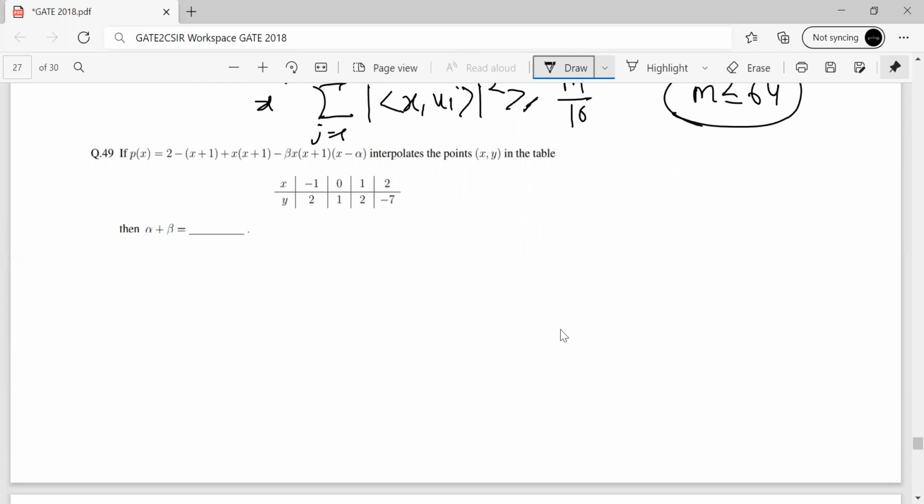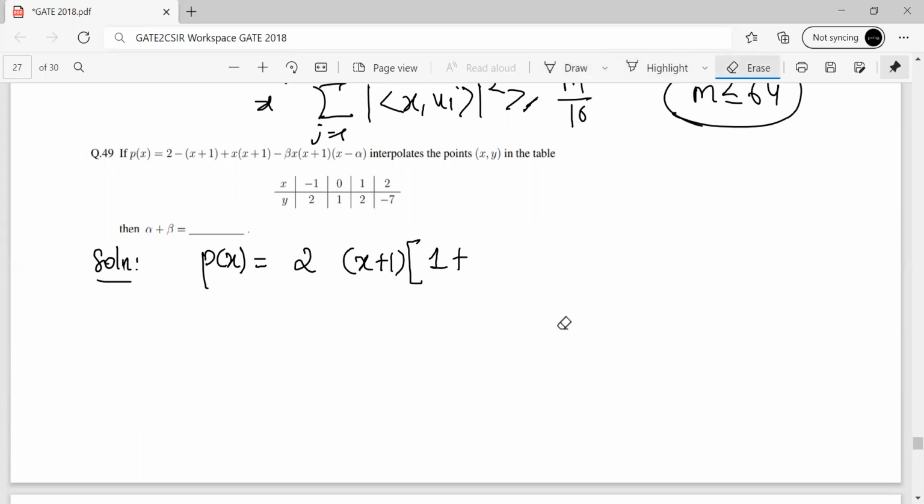So let's consider, you are given p of x equal to 2 minus x plus 1. I'll take x plus 1 common, in fact. So 1 plus, it will be, one second. If I'm taking minus, then there will be a problem. Keep it here plus.